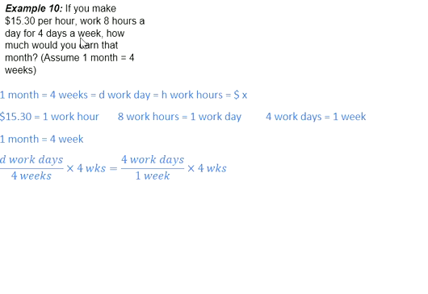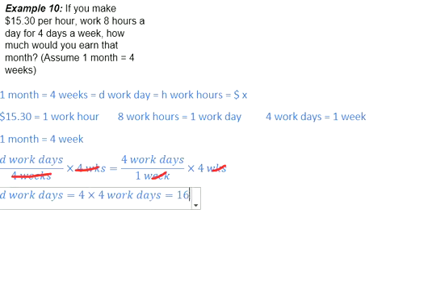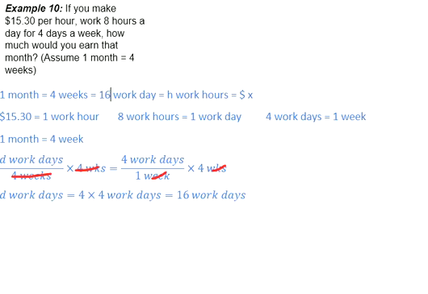So I know that my 4 weeks here are going to cancel out. My weeks here cancel with this week. And I'm left with D work days is equal to 4 times 4 work days, which is 16 work days. So 4 weeks is going to be equal to 16 work days.